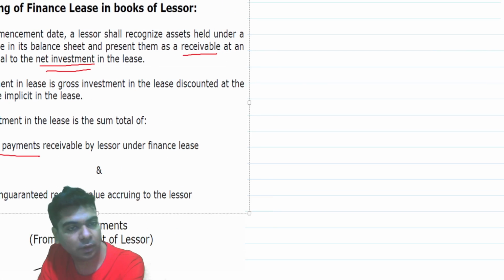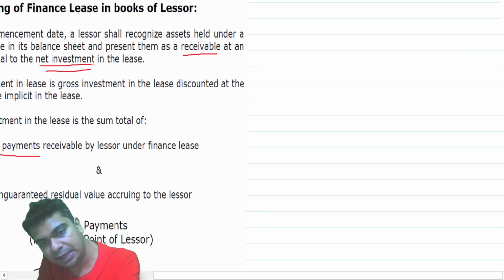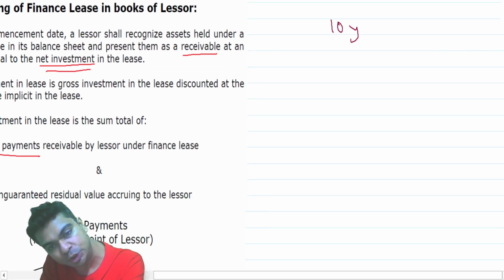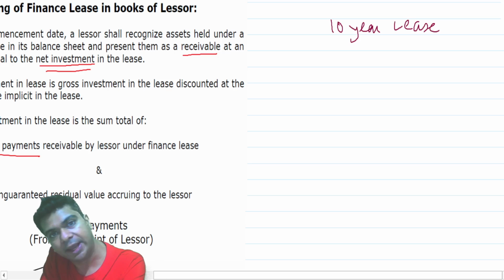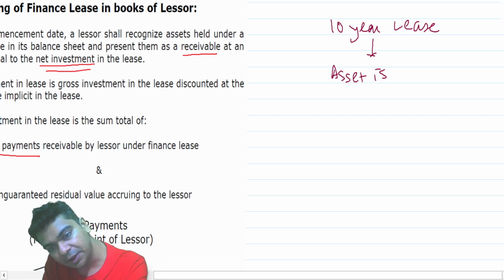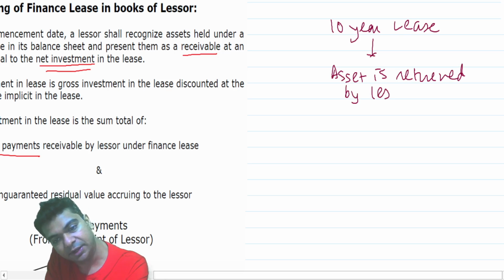Let's say you are a lessor, you are entering into a 10-year lease. And at the end of the 10th year, the asset is returned by the lessee, and then we will sell it.